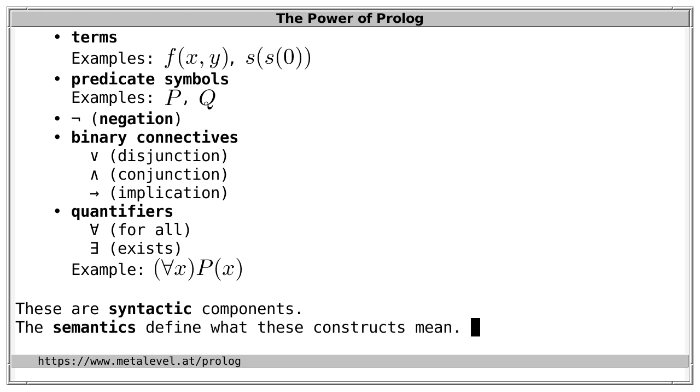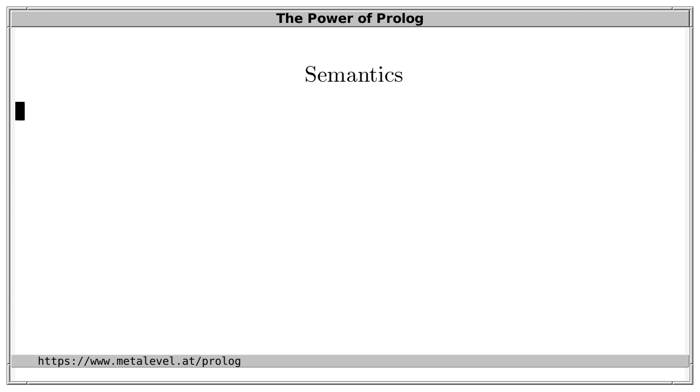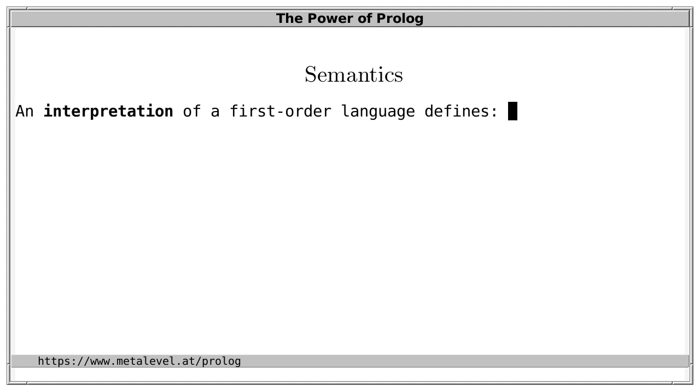And to assign meaning to these constructs, we must define their semantics. So we would like to assign to each statement one of the truth values, true or false. And this is done by specifying an interpretation.